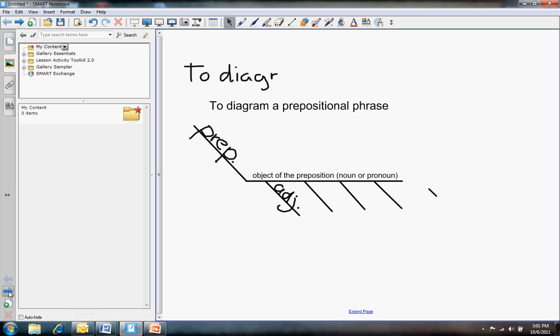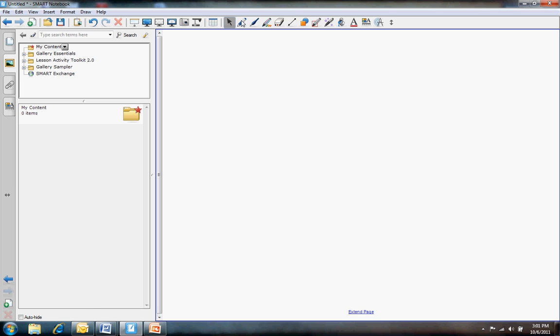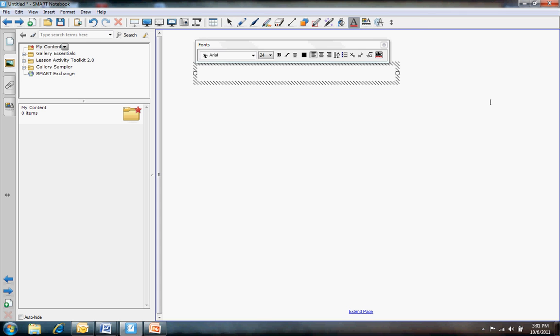Okay. Let's go to the next page and let's get an example. Let's say our preposition is with. Let's say the wild, crazy, yellow, fat cat.